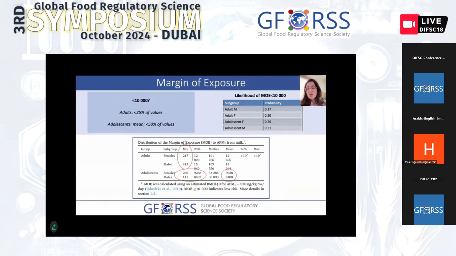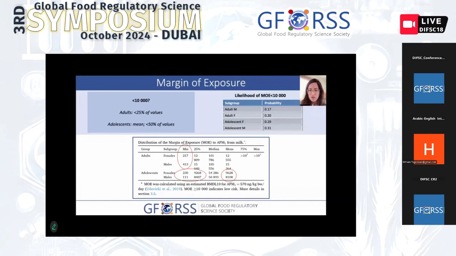And if this ratio is lower than 10,000, it is generally considered of concern. So our simulations show that adults face limited risk since less than 25% of the estimated MOE values obtained were below this threshold.